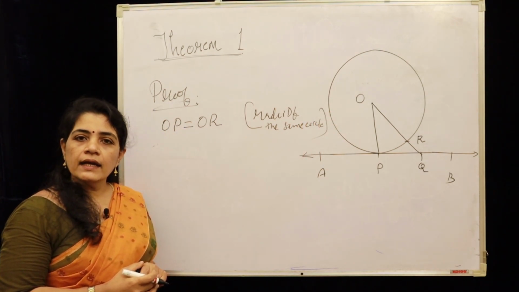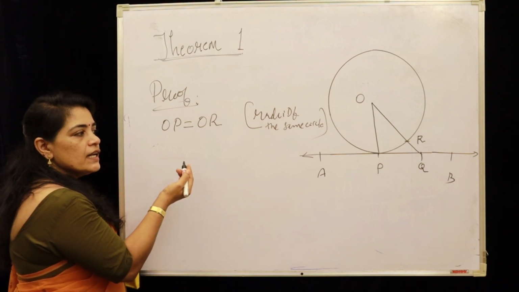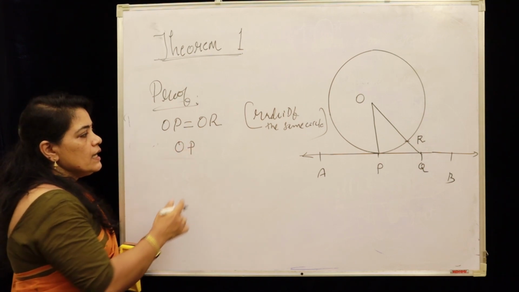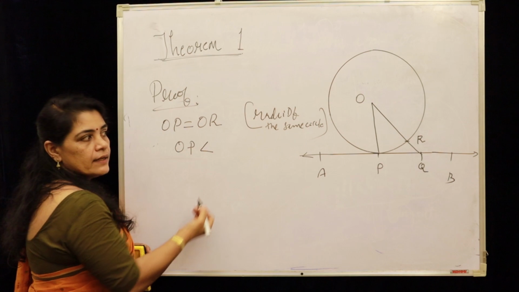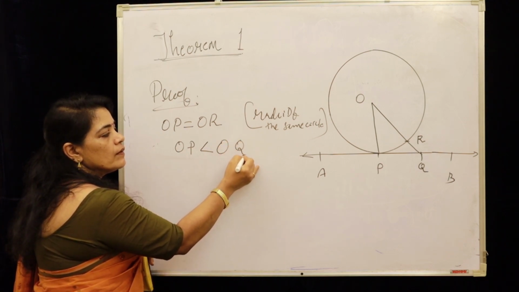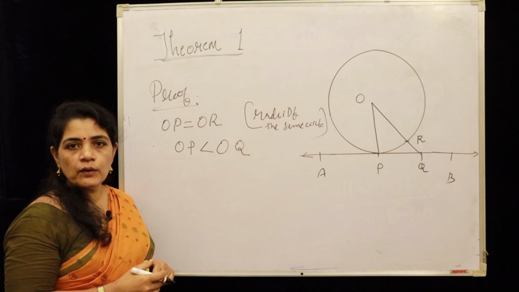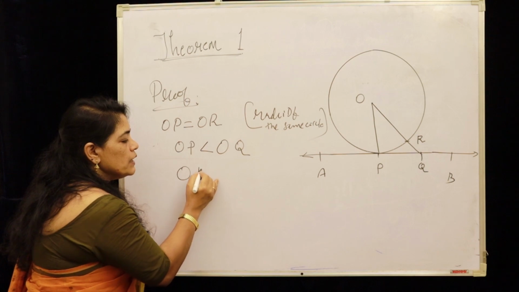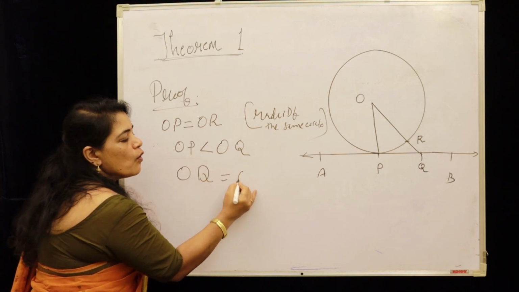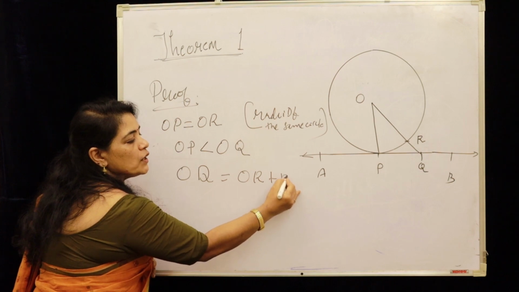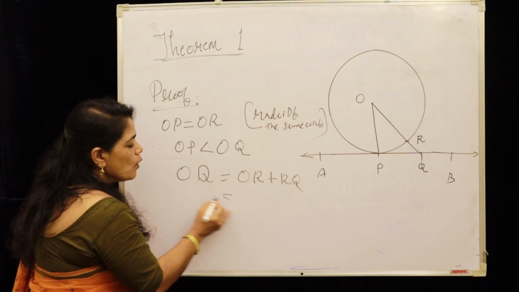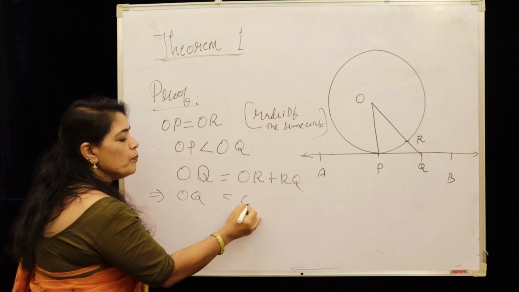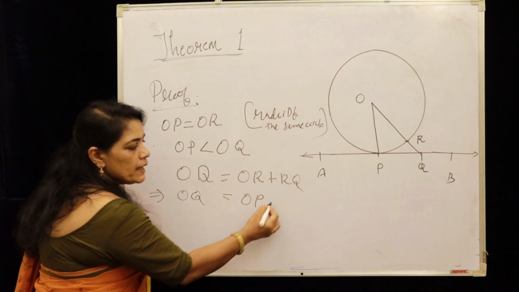And see from the figure, can you say that OP is less than OQ? Yes. Why? Because OQ is the sum of OR plus RQ, which implies OQ equals OR plus RQ, and OR is nothing but OP.